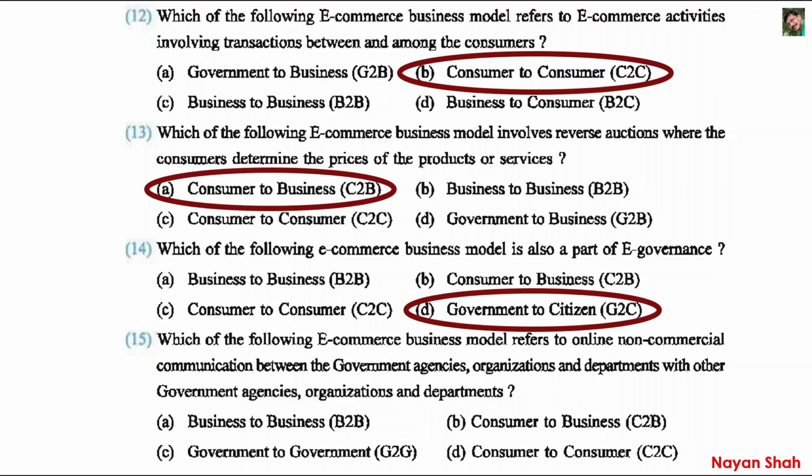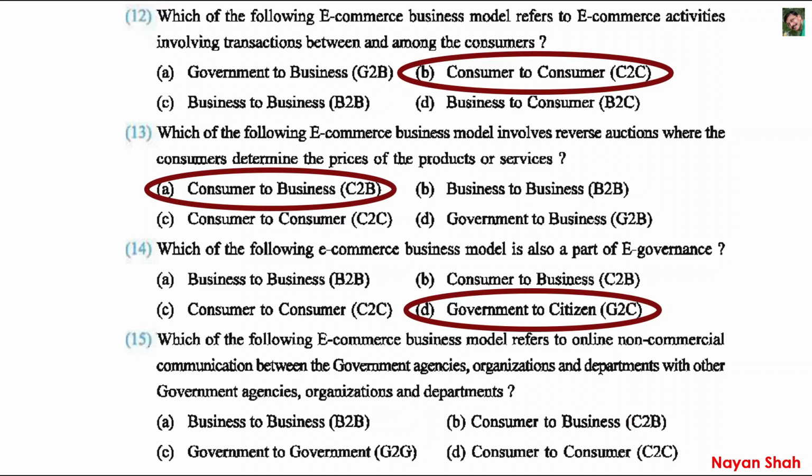Question number 15. Which of the following e-commerce business models refers to online non-commercial communication between the government agencies, organizations and departments with other government agencies, organizations and departments? In simple terms, it wants to say which model refers to online non-commercial communication between two government departments.